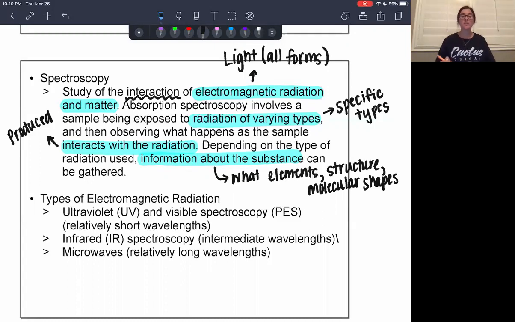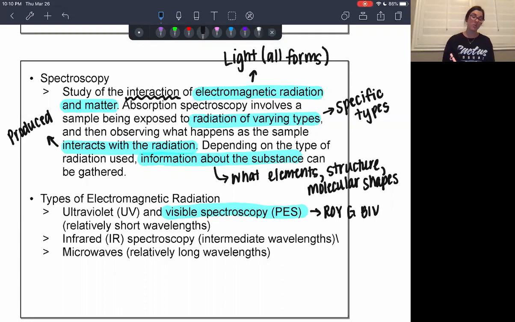So the specific types of electromagnetic radiation that are useful are ultraviolet rays, UV rays, and visible spectroscopy, PES. You may be wondering, what the heck is that? Visible spectroscopy is ROY G. BIV, your visible light, which makes sense that they would call it visible. These wavelengths are relatively short.